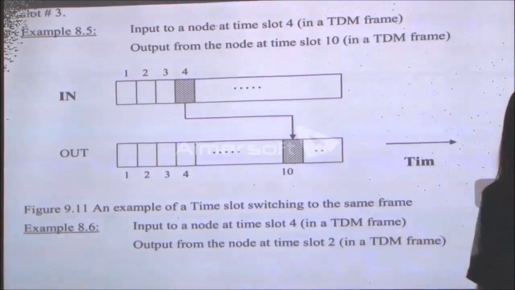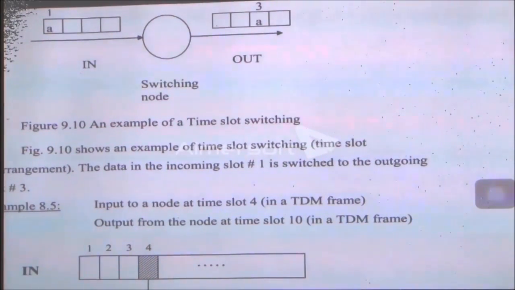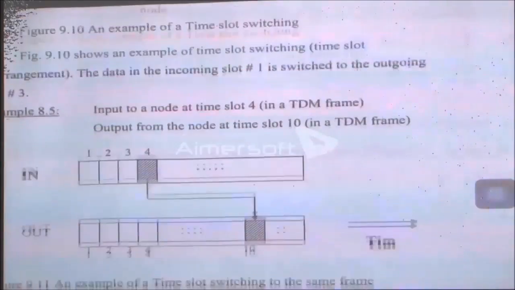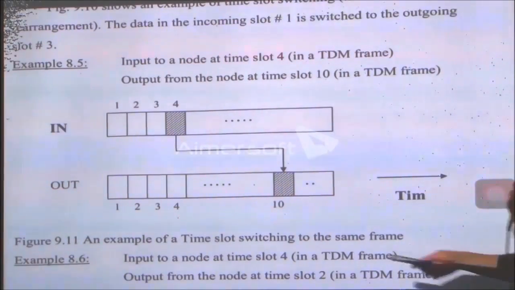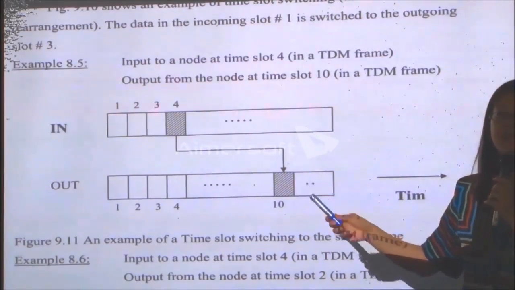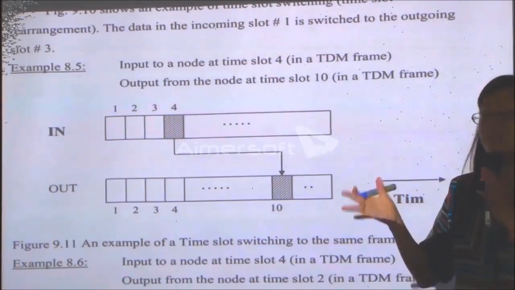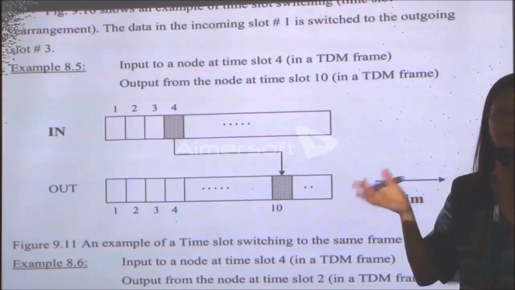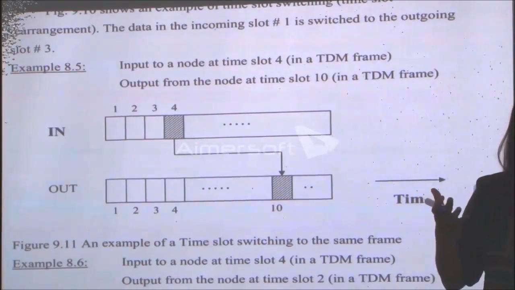Remember the picture before? So there is coming in and then coming out, okay? It will wait until slot number 10, and it will write the data that it keeps onto slot number 10. In this case, user number 10 will receive the signal from user number 4, right? So this is how you switch in time.